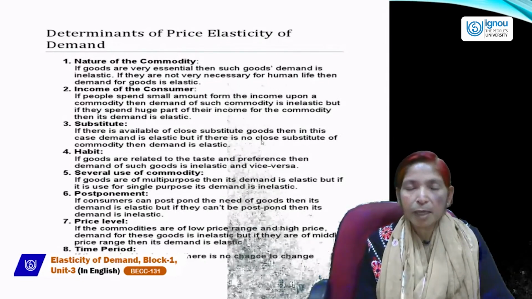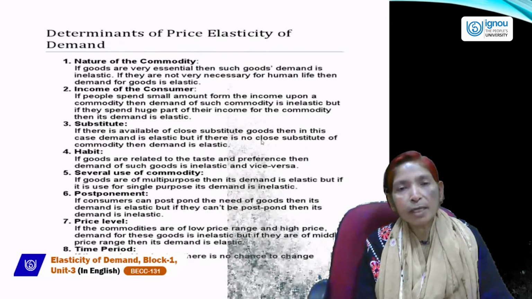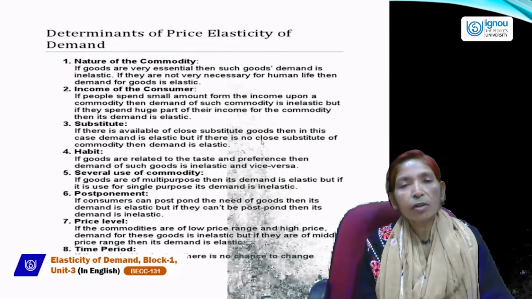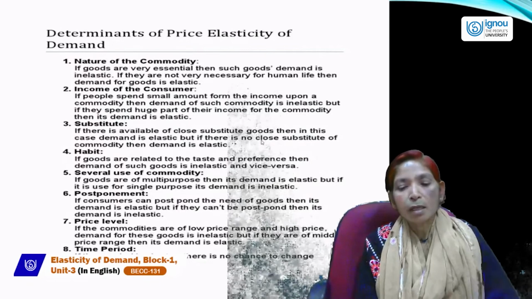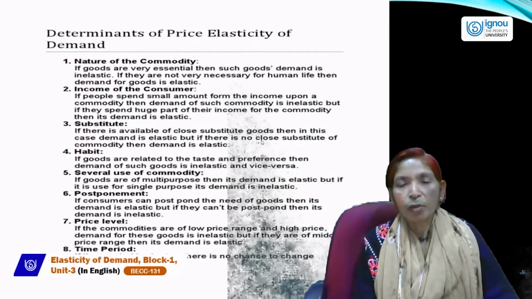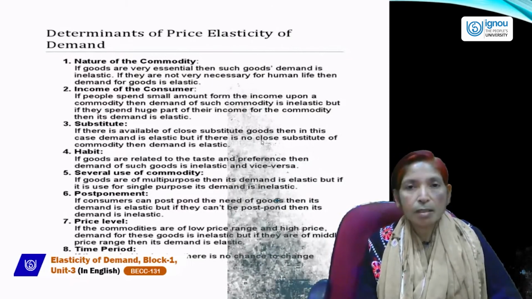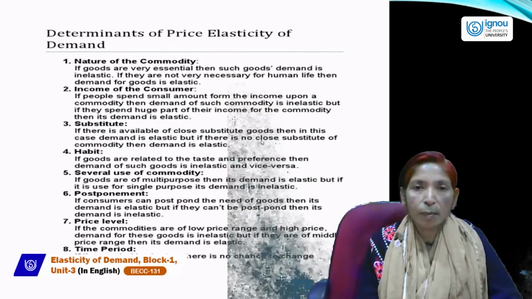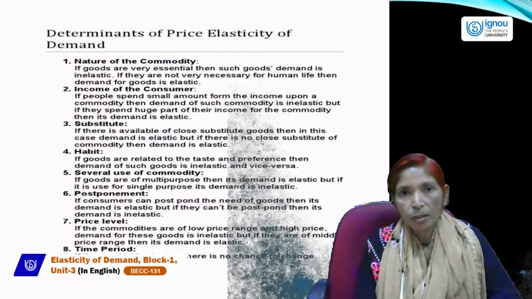Seventh point is price level. If the commodities are of low price range and high price range, demand for these goods remains always inelastic. You know that high price products demand always remains constant or inelastic, and low price products demand also remains constant or inelastic.